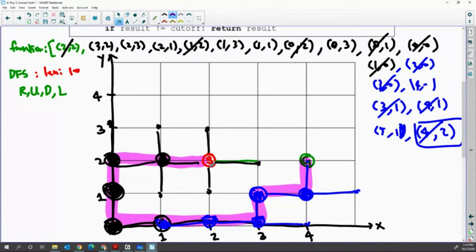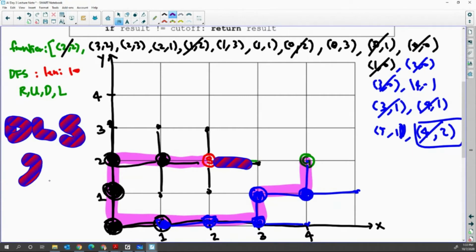I'm going to restart from the start. So, right, now I'm going to do DLS with limit 2. So I search right, up, down, left.